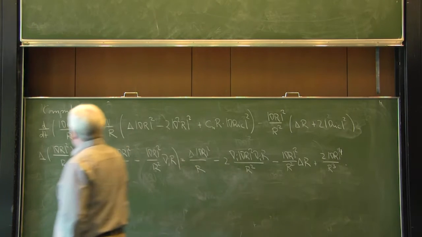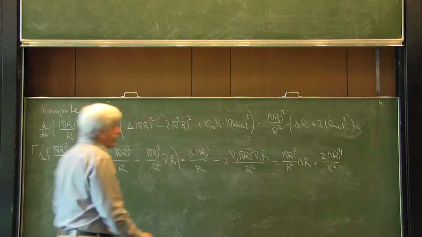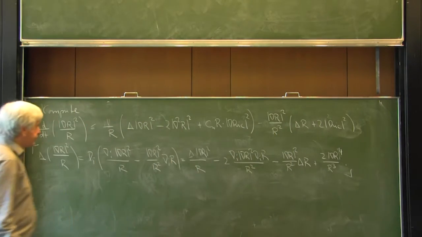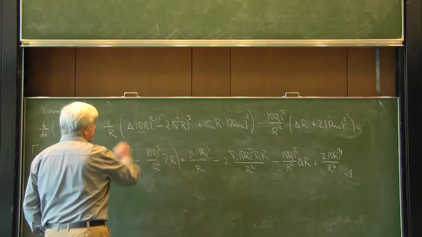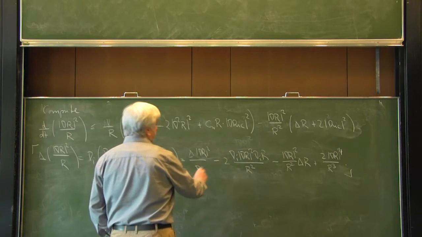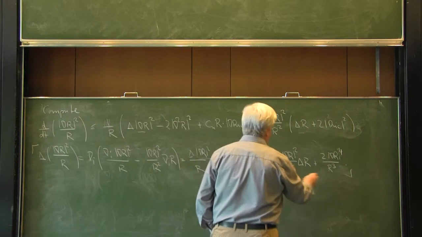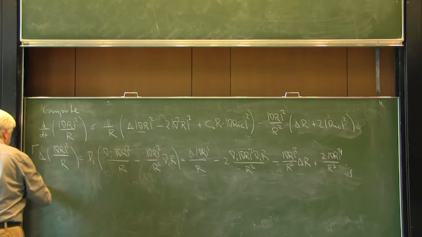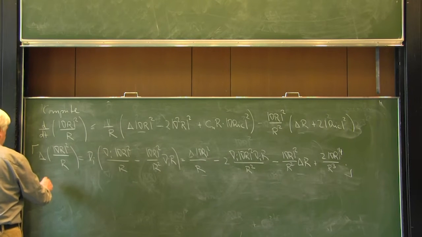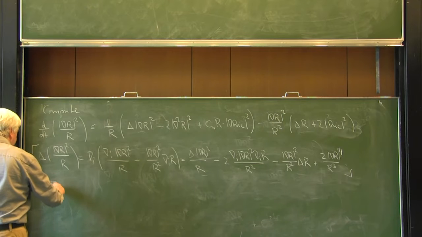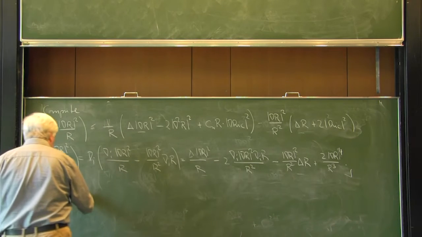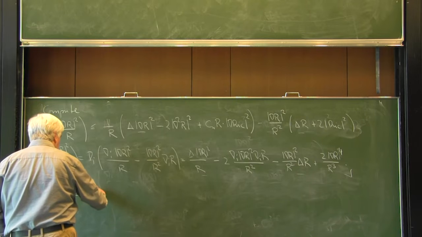So now with this side computation, we immediately see this term here, and we recognize this Laplacian term there. So we can write d/dt of this gradient R squared over R as less than the Laplacian of this quantity.